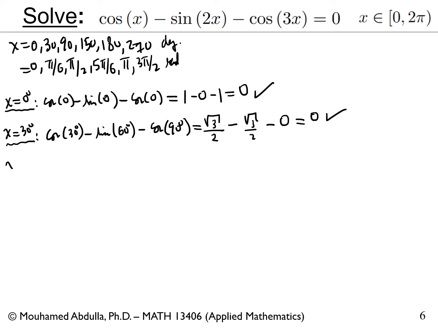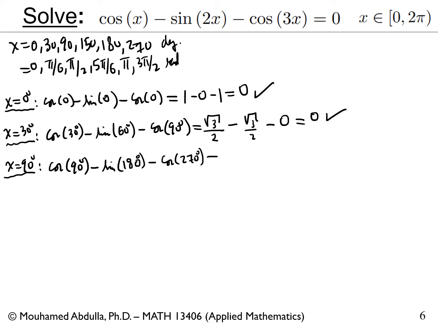Let's try 90 degrees. What happens at 90 degrees? Well, we have cosine of 90 degrees minus sine of 2 times 90, so this is 180 degrees, minus 3 times 90, so this is cosine of 270 degrees.